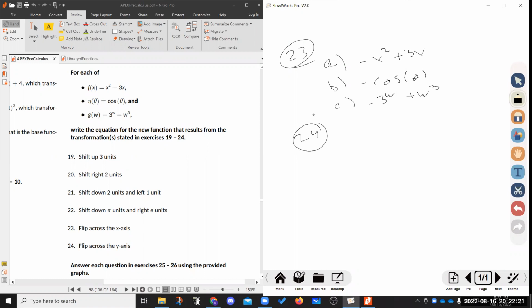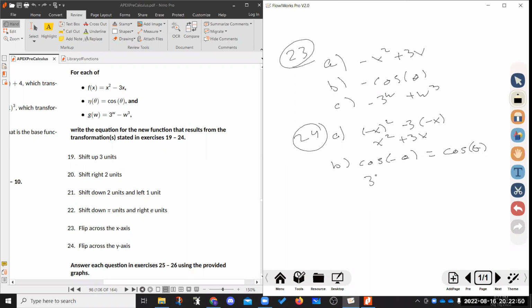24, we want to reflect across the y-axis. So we're going to replace x with negative x. So that's going to be a negative x squared minus 3 times negative x. It's going to give us x squared plus 3x. Cosine of negative theta, since cosine is an even function, that's going to come back to be cosine of theta.